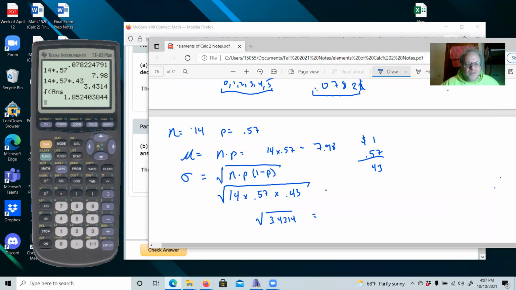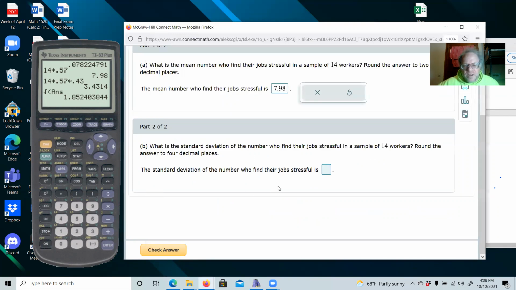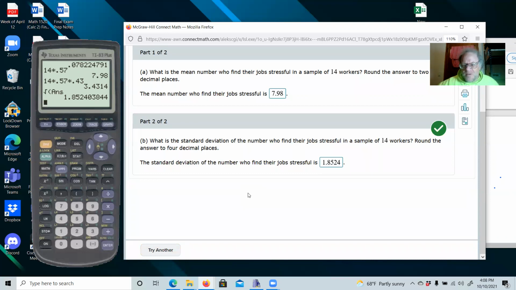Very good. So we want 1.8524. So 4 decimal places, that's here. So 1.8524. Okay. So there we go. Let's check. All right. Hooray.